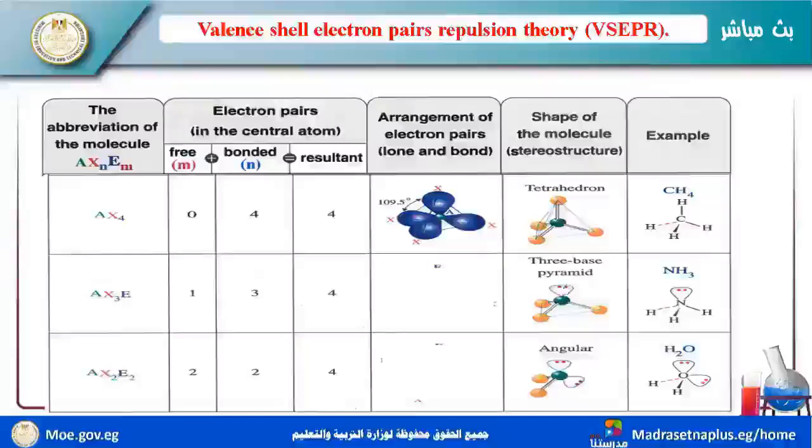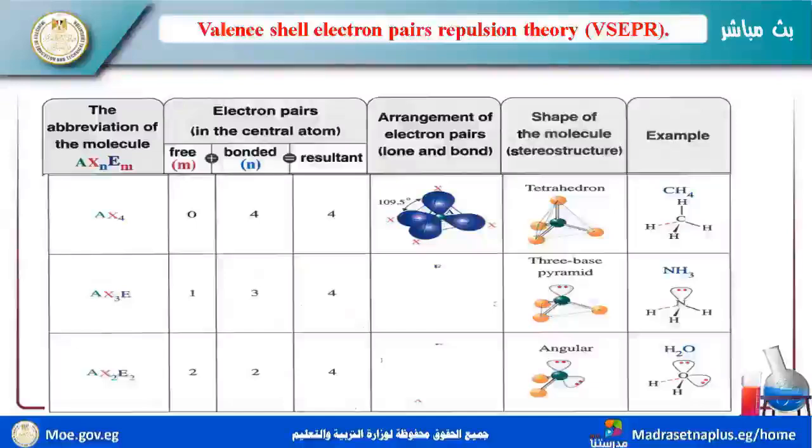Now the number of electron pairs equals 4. I have 1 lone pair and 3 bonded pairs, total equals 4 pairs.